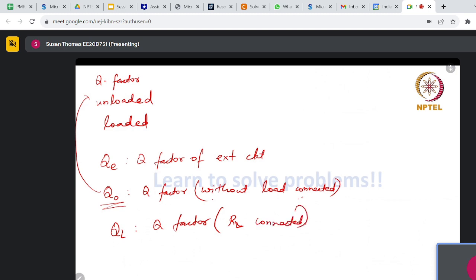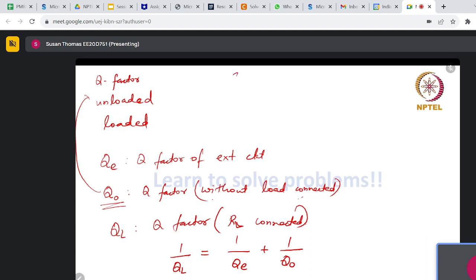Now there is a relation between these: 1 by QL, that's the loaded Q factor, is equal to 1 by QE plus 1 by Q naught. So this is the relationship between the unloaded and loaded Q factor.